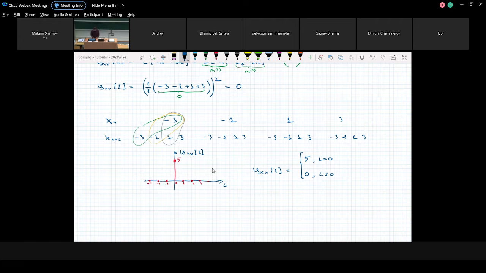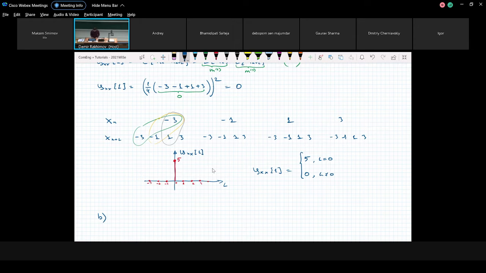Now we go to part B. In part B, we need to determine the power spectral density. For the power spectral density, we use the so-called discrete time Fourier transform, because now you need to go from discrete time to continuous frequency, and for this reason you use a special transform.